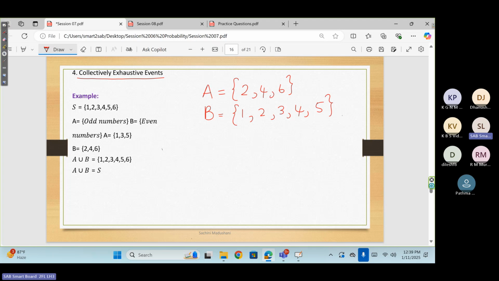Then in here, what is A union B? What are the elements in A union B? Union means all. Then what are the elements? 1, 2, 3, 4, 5, and 6. Now what happened?